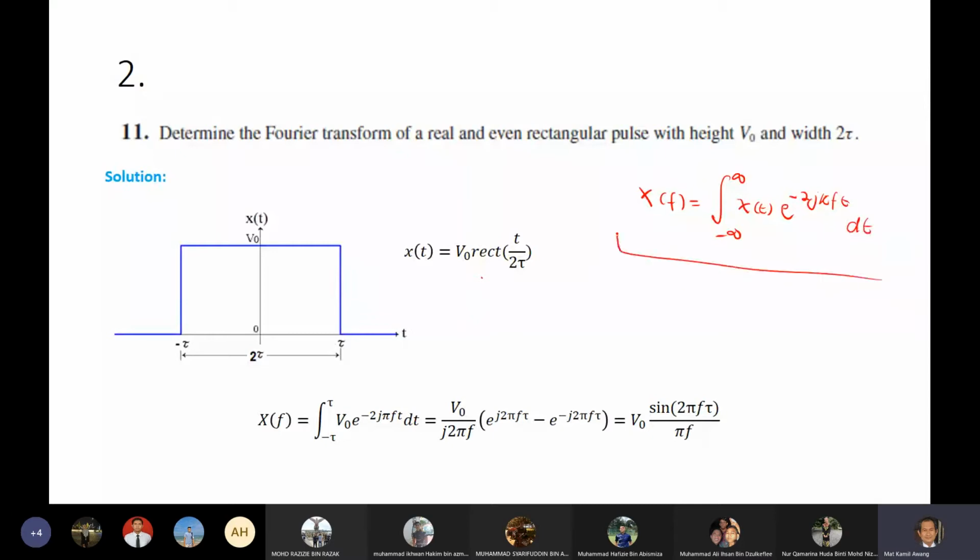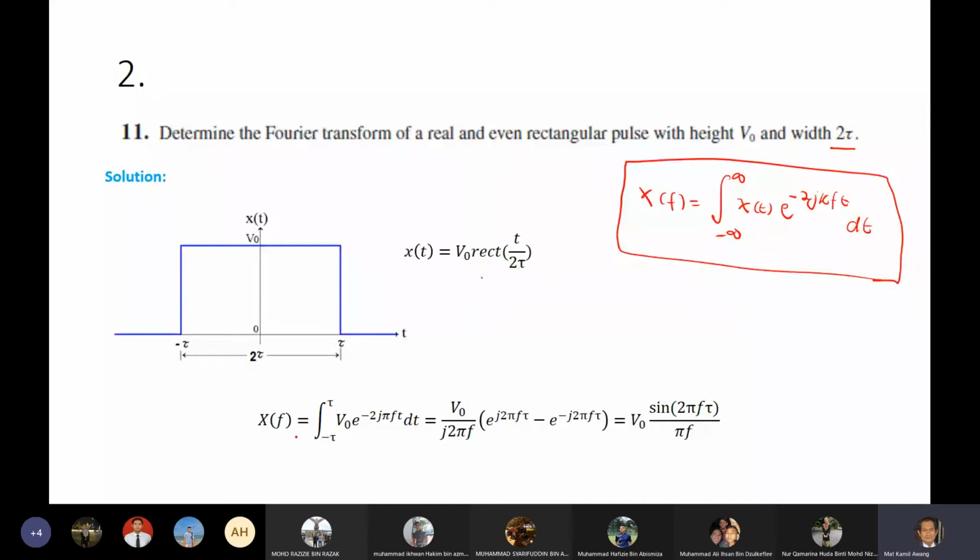This is the general formula for the Fourier transform. Since the width is 2 tau, you start from minus tau to tau, with the height also V naught. So x of t equals V naught rect of t over 2 tau.